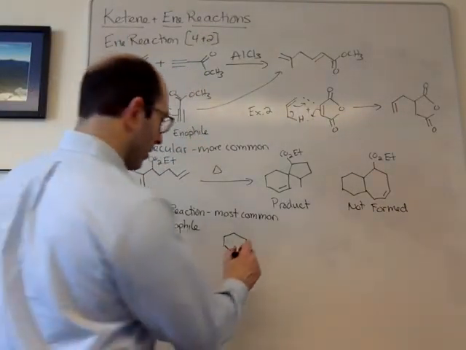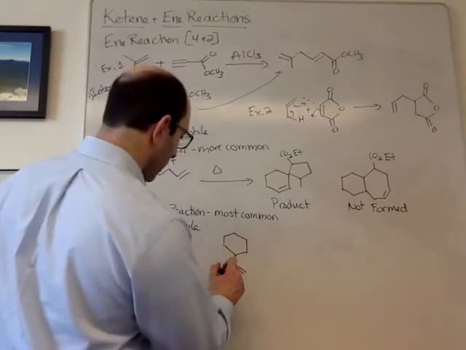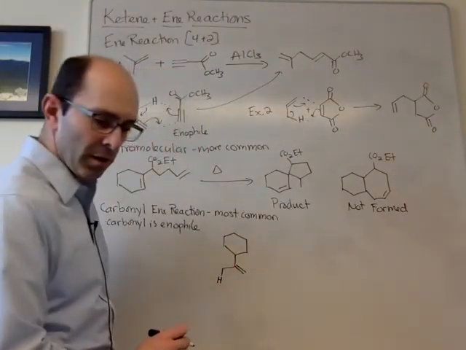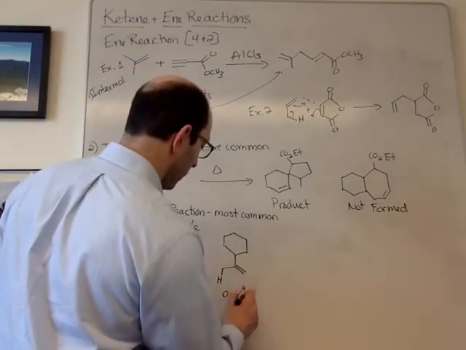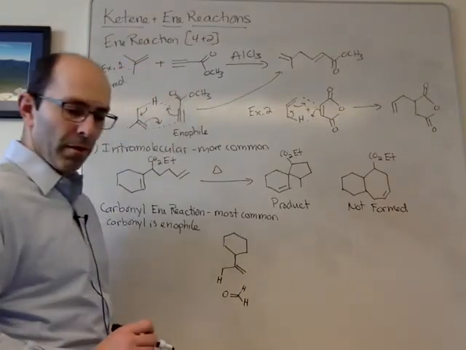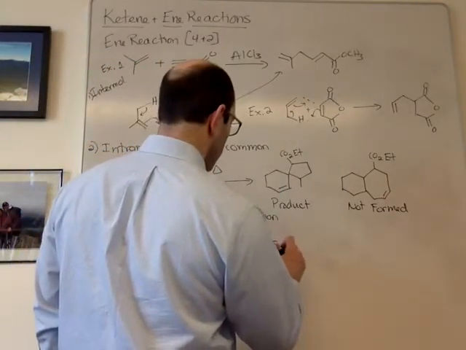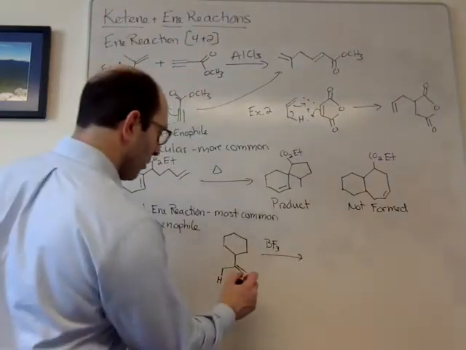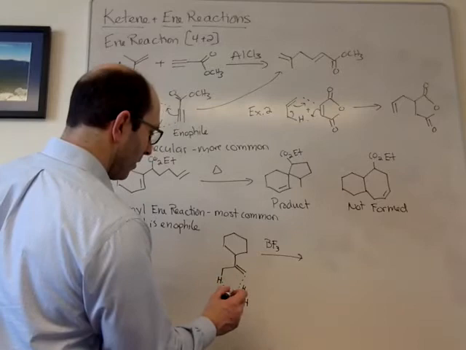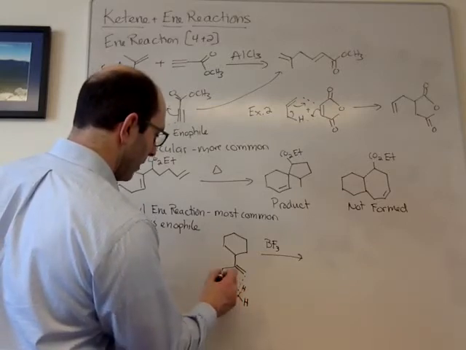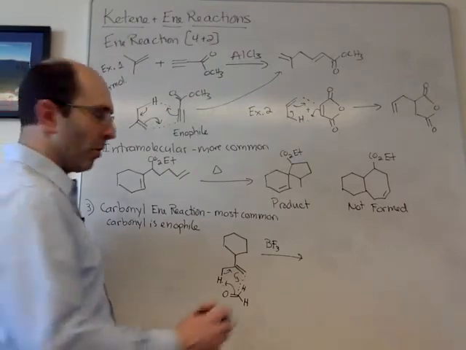So if we have this as our ene, and then we add formaldehyde. All right, what happens when we do this reaction? And again, Lewis acid is a common promoter for this, so we're going to form that bond, and then we're going to form an OH bond. All right, so you can imagine the electrons flowing like that. And what do we end up with?